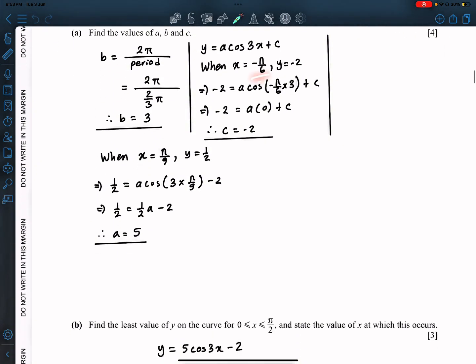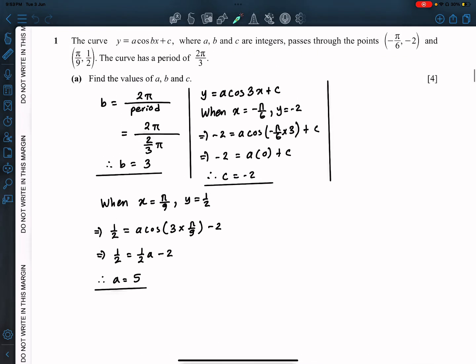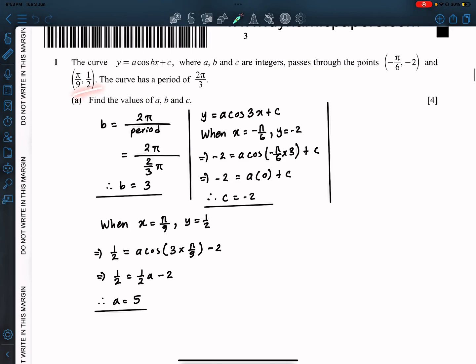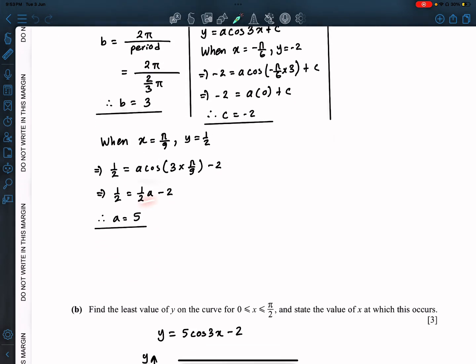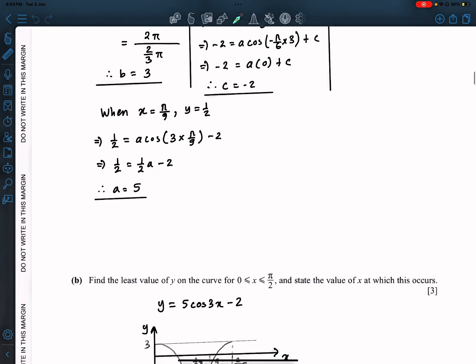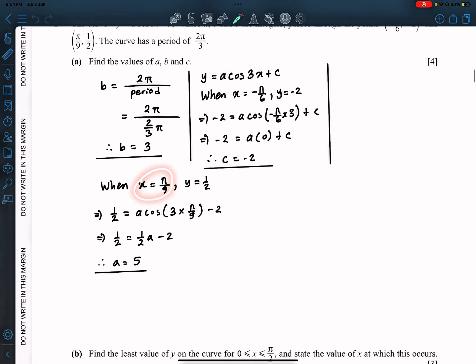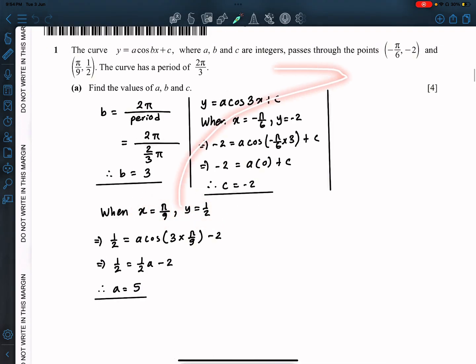We input these values over here, and we form an equation, and we find that c is equal to b minus 2. So that's using one of the points. And then with another point that is given, we can use it to find a. How can we use it to find a? We input x equals pi by 9 and y equals half into our equation.